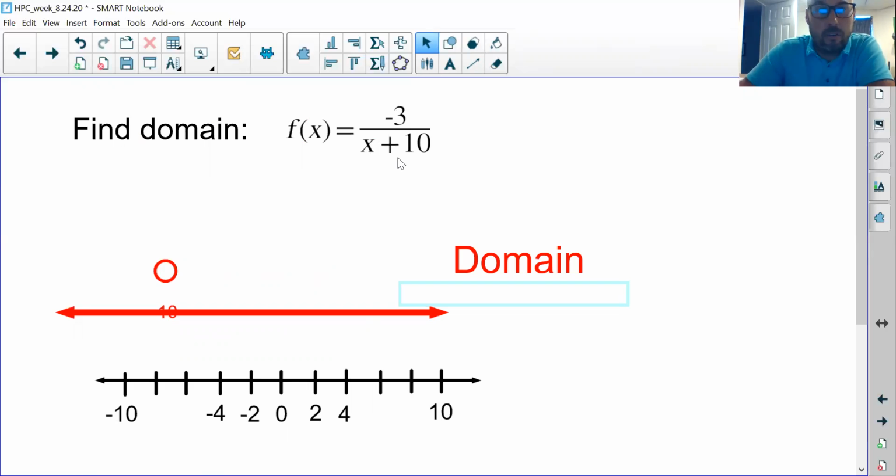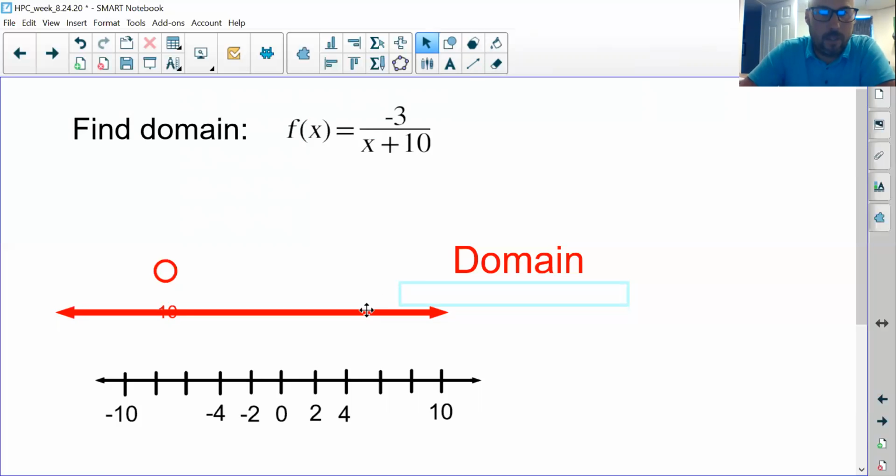I could plug in 100. -3 divided by 110. That's possible. But there's one number you can't plug in for x because it would result in division by 0. -10 is that number. -10 is absolutely out of this domain because -10 results in division by 0. Any other number is fine.